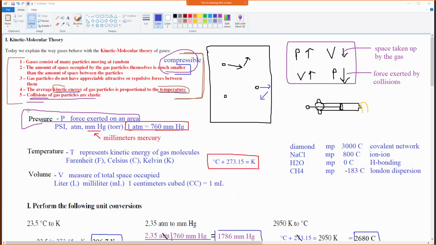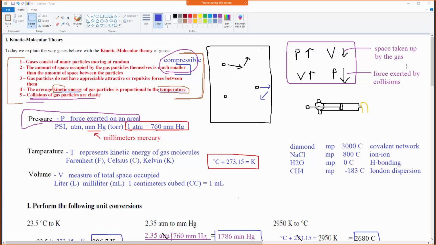So there's 2 things to observe here, but the first is this. Yeah, sulfur hexafluoride is like a big honking molecule and helium is a tiny molecule, but the amount of space occupied by the gas particles is so small compared to the amount of space between them that you don't even notice it. It doesn't even matter that sulfur hexafluoride is bigger. It's still a gas, and the amount of space between the particles is a bigger consideration.